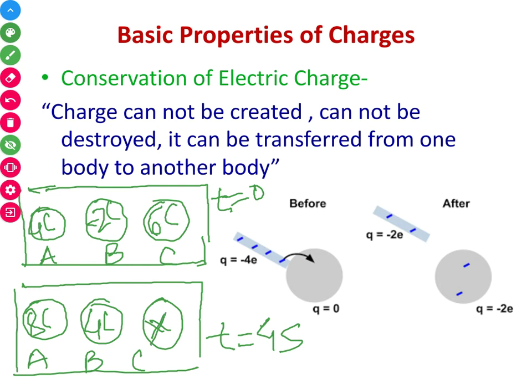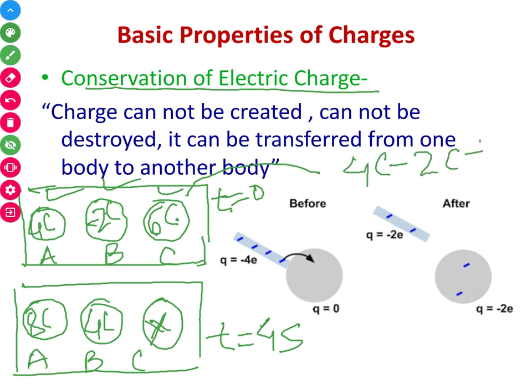We can easily find out with the help of conservation of electric charge. The total sum of all the charges here and here remains the same. If we find the total sum here, 4C minus 2C plus 6C, it comes out to be 8C.